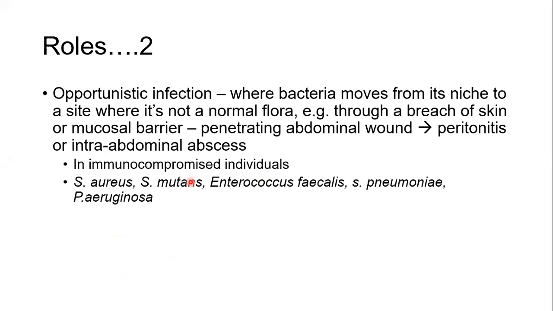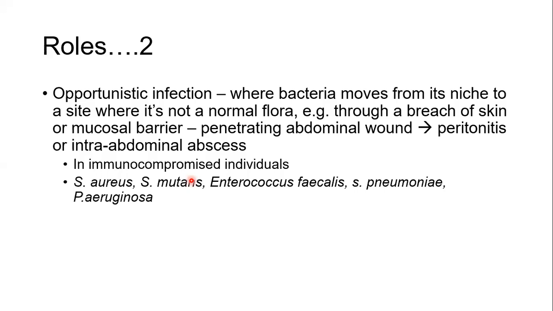And as I said, opportunistic infection, and this is something that you'll meet very commonly. This is where you find bacteria are displaced from their niche to a site where they're not commonly found as normal flora. And this can be through an abrasion, any breach of the skin or mucosal barrier.